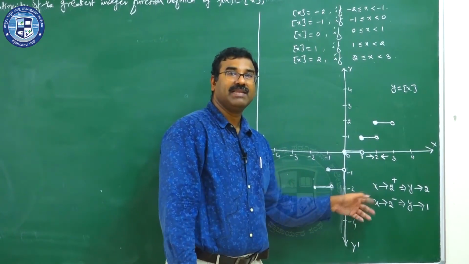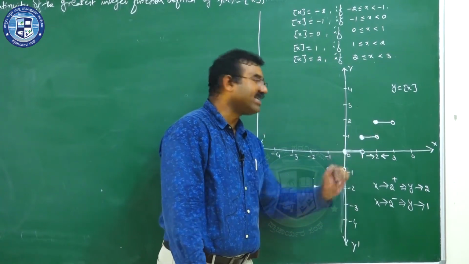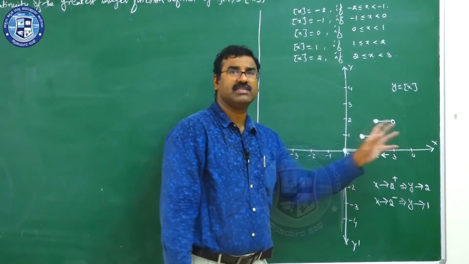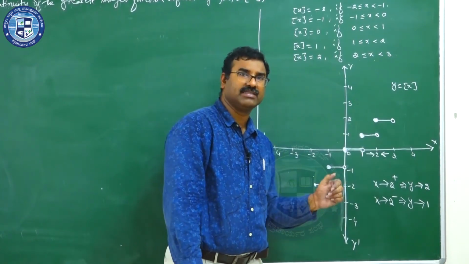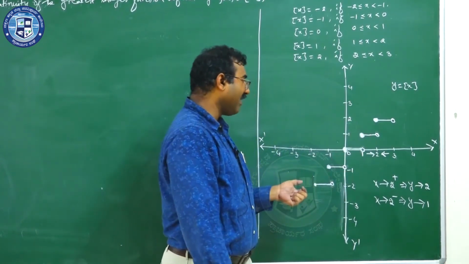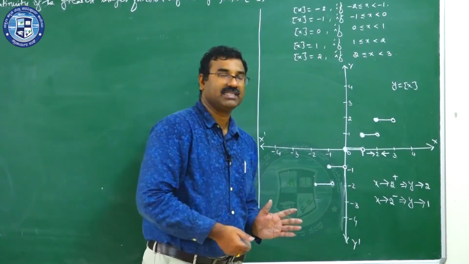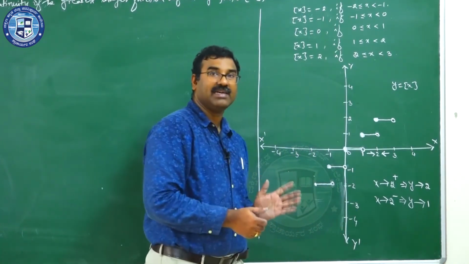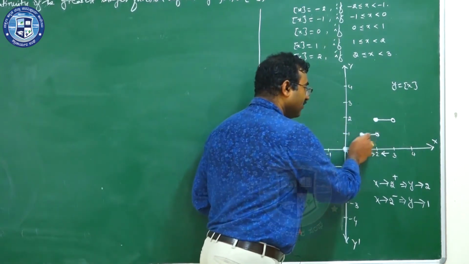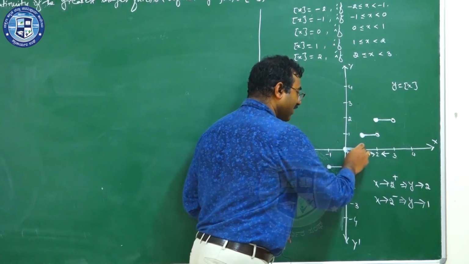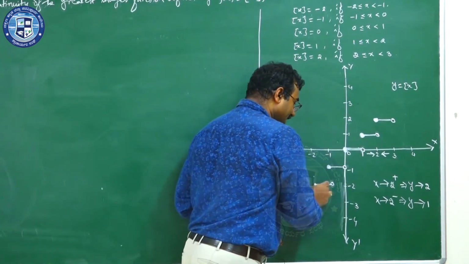That means the limit does not exist at integers. It is the same thing for all the integers. But if you take some value between the integers, then it is very clear that it is continuous there. See that? If you take any value between integers, it is continuous.